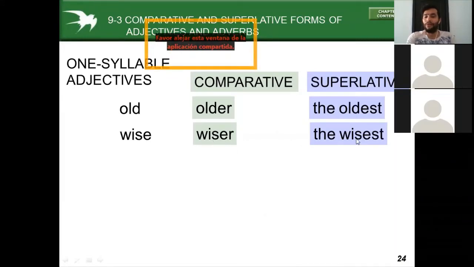Wiser. The wisest. Now remember, this has only 1 syllable. Why 1? Because remember that the E is mute, is silent. So we don't say "wisey," but only wise, right? So wise, wiser, and the wisest. Good.